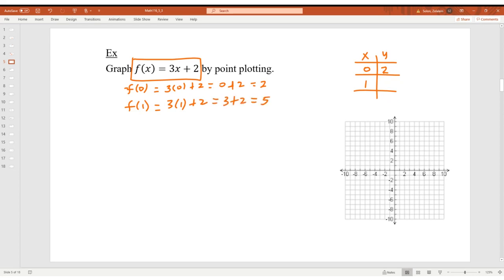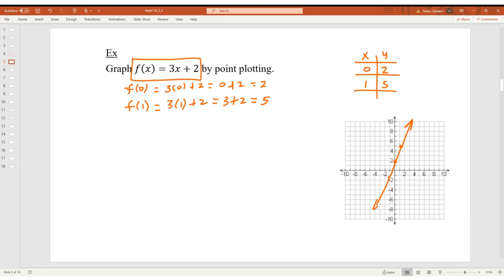So we have 2 ordered pairs. At 0, it is 2. At 1, it is 5. It is going this way. Just connect the points, and that's your graph.